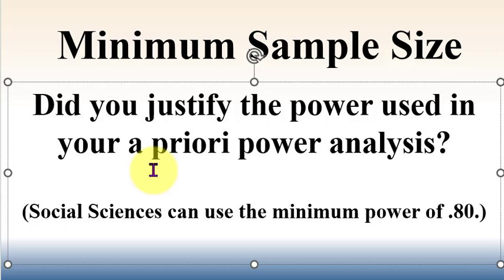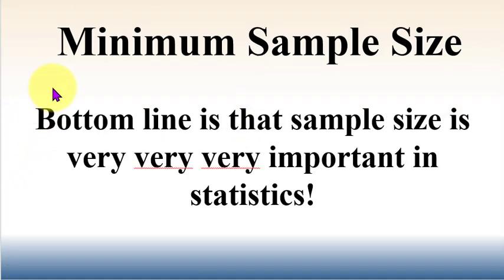We don't have a ruler. We're not cutting wood where we can get an exact measurement. We're using surveys, and as we all know, people can be untruthful or easily misunderstood. So that's why we get to cut the power down to 0.80.